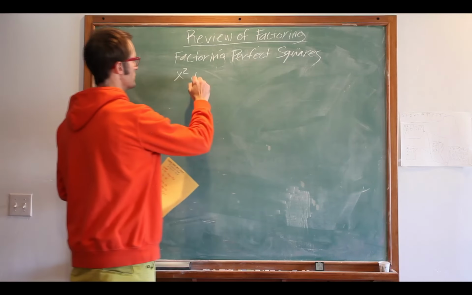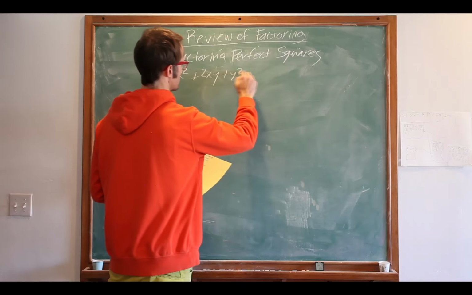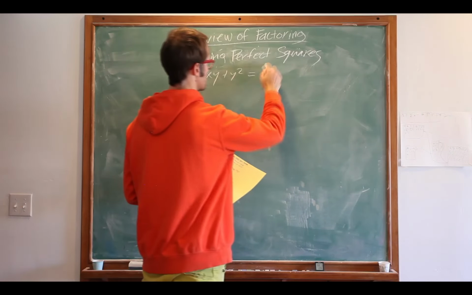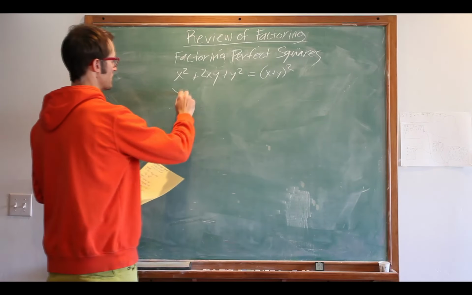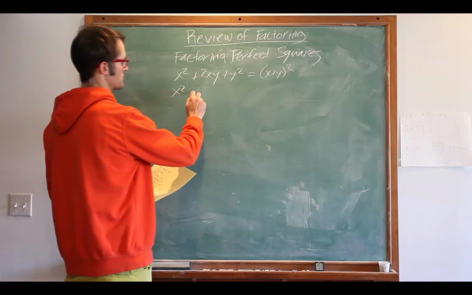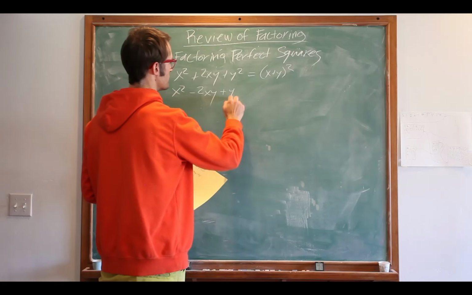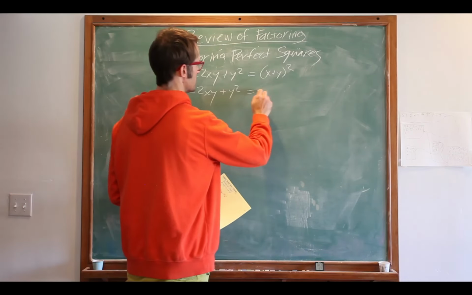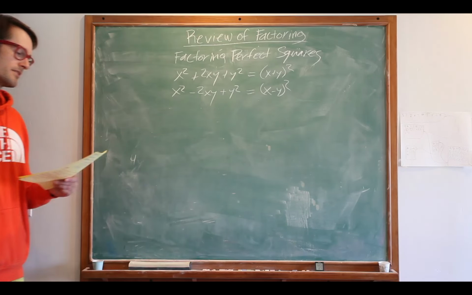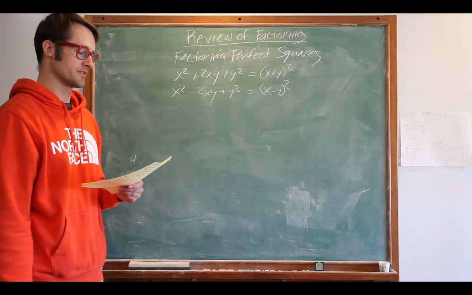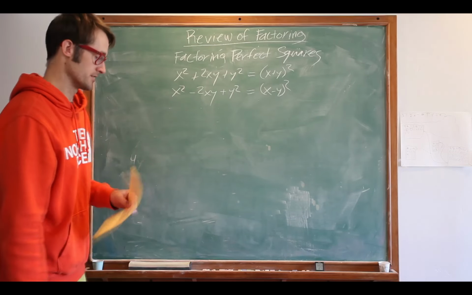x squared plus 2xy plus y squared equals x plus y, squared. Or, if you see x squared minus 2xy plus y squared equals x minus y, squared, then you know you're dealing with a perfect square and you can just do it immediately, but it's also good to check.